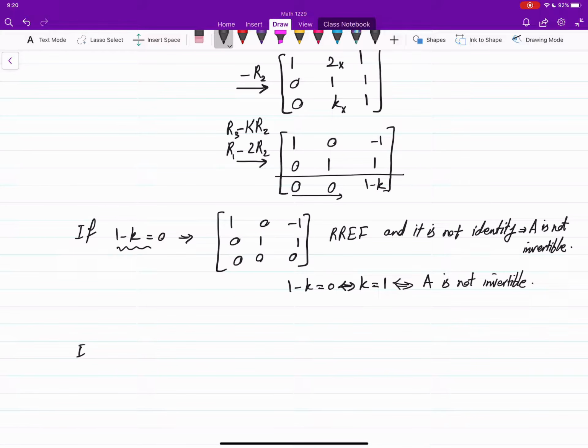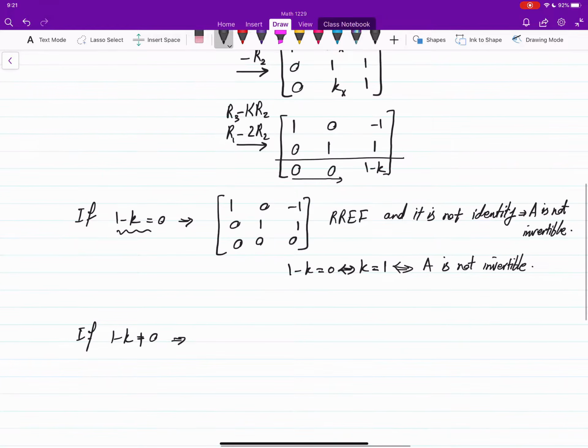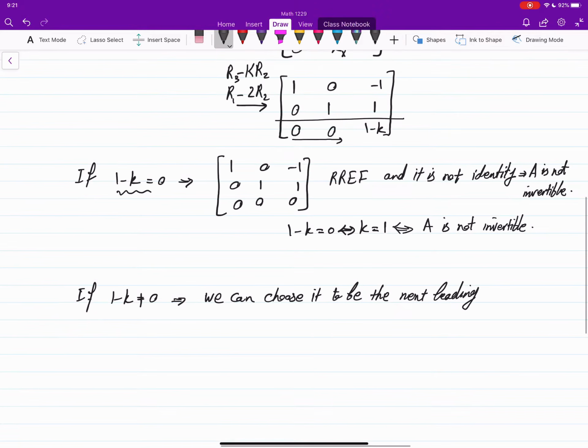Well, what will happen if 1 minus k is not 0? So this is the second case. If 1 minus k is not 0, then we can choose whatever number it is. As soon as it's not 0, we can choose it to be our next leading one, and then use that one to make everything else 0, and proceed with the reduction.